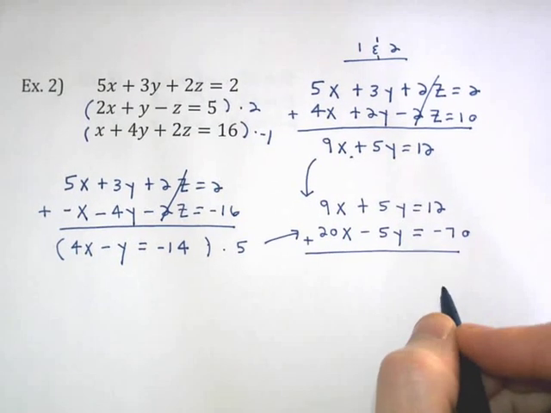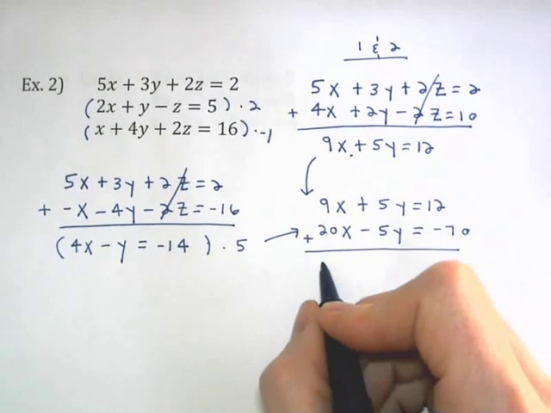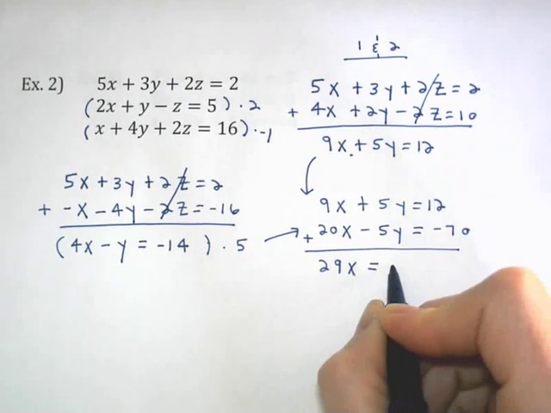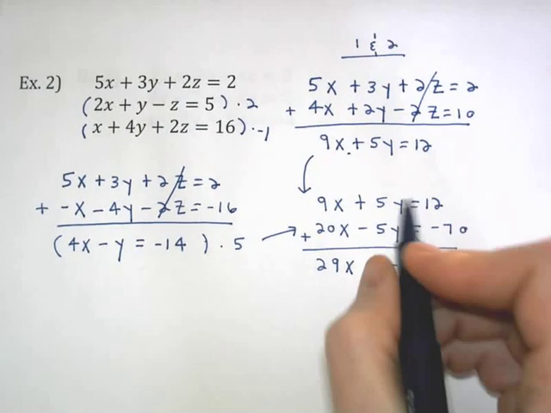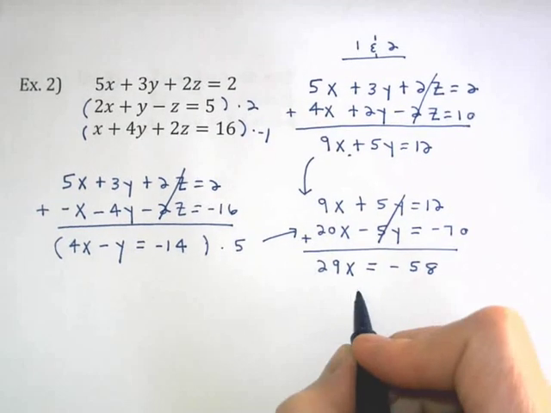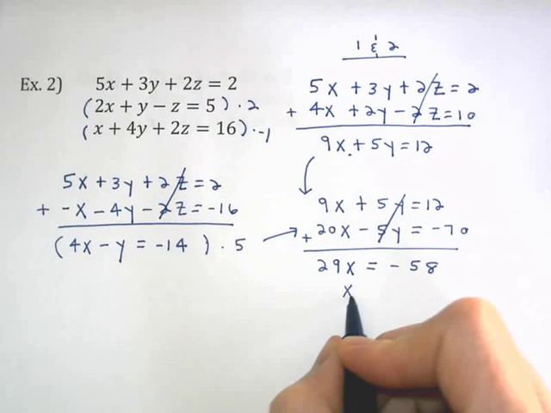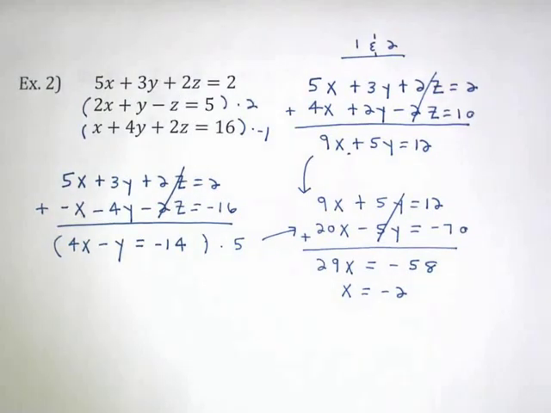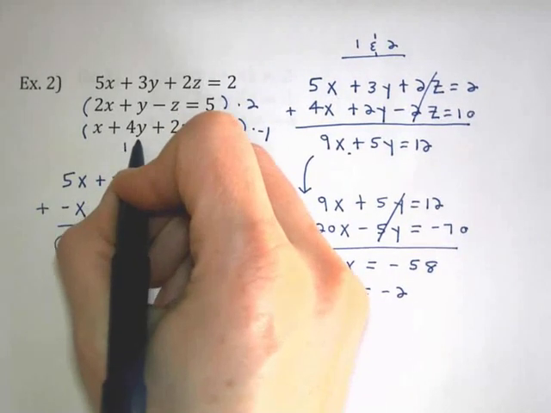Okay, so adding these two together now, I end up with 29x equals -58, and that's because my y's have been eliminated, which means x is -2. So I'm 1/3 of my way there to the answer.